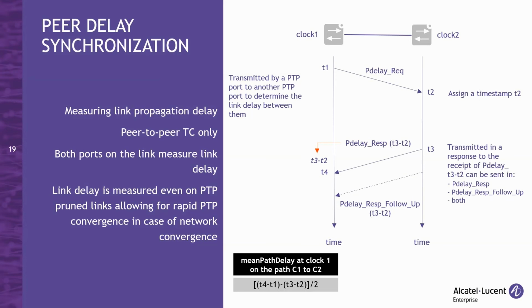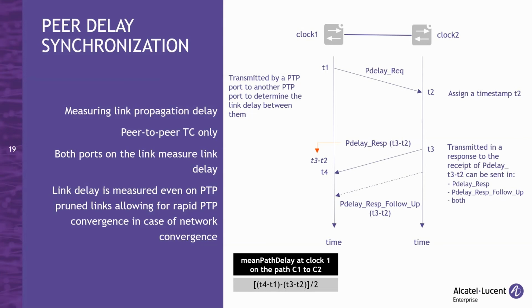Link propagation delay calculation starts by any of clocks initiating peer delay request message, which is timestamped at T1 as its egress the port. This message is received by link peer clock at time T2. Link peer clock initiates peer delay response message at T3, and the value of time between initiating response message and receiving request message, so T3 minus T2, will be recorded within the message.